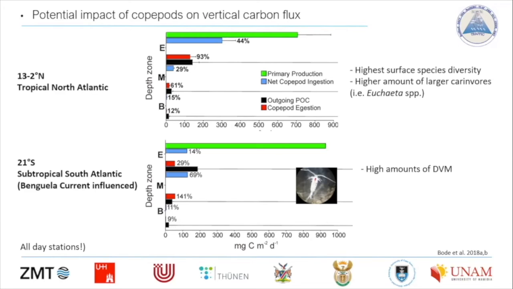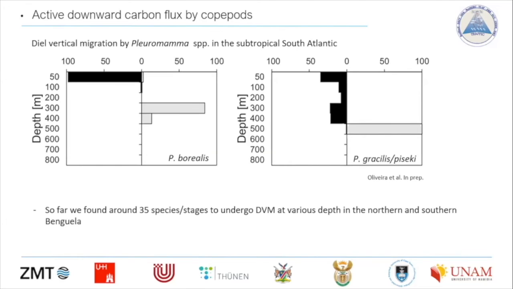I don't want to go into too much detail here. So this is showing the diel vertical migration of this genus I mentioned, Pleuromamma. These are two different species here, where we see that they are doing these diel vertical migrations of several hundred meters within these 24 hours.